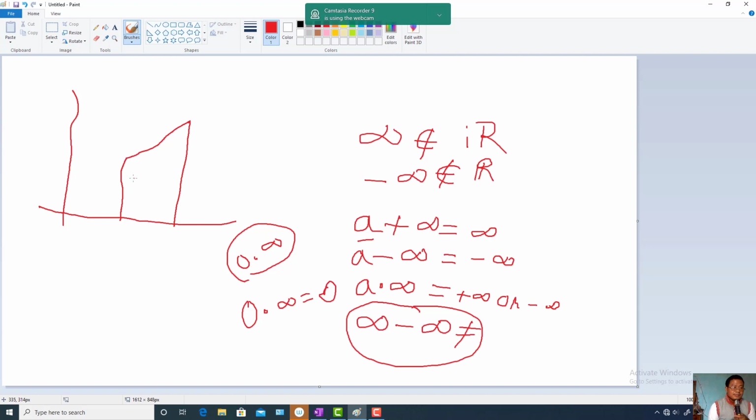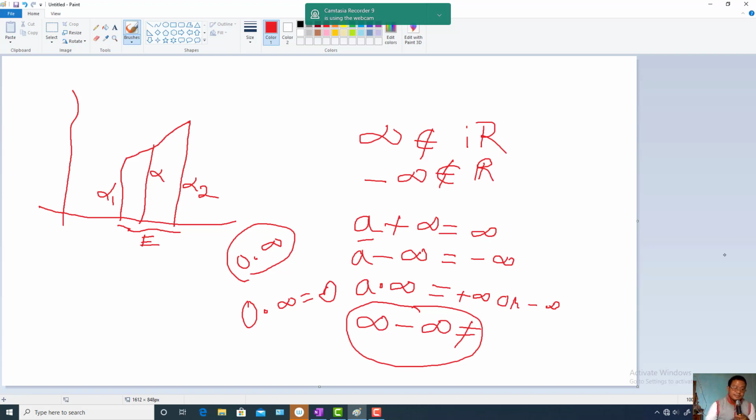Suppose this is alpha 1, and then this is alpha 2. Let it be here just alpha. Suppose this set is E. It is defined on this E.